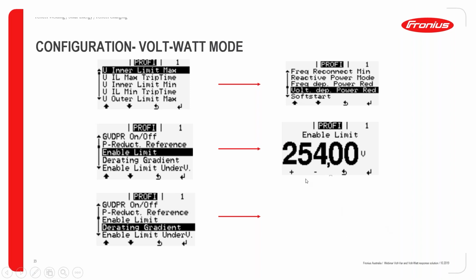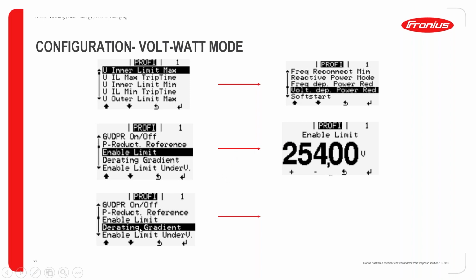Yeah, so just real quickly, guys, for the enable limit, if you have a high voltage issue, the maximum you can put in, as stated in the previous slides, is 255 volts. Just refer to the tables provided by your local distributor. Okay, and again, this is the V3 voltage as stated in the table from the previous slides.